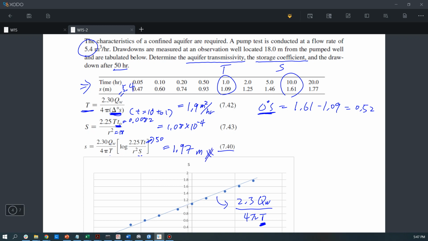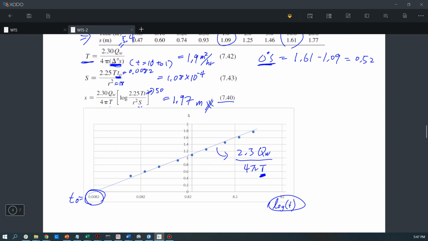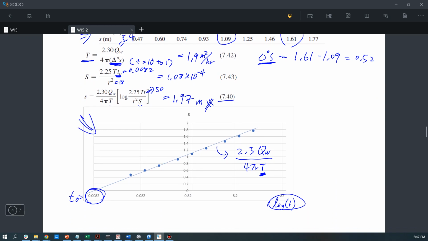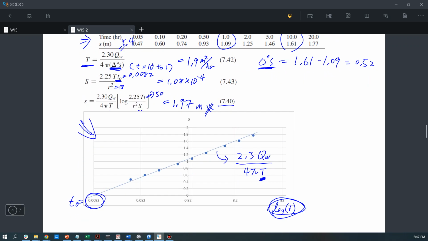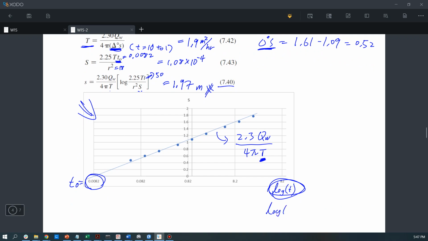Okay, the alternative way is that you can calculate the drawdown by using this figure, but I will leave that to you because you need to calculate the log of 50 hours, so log 50, and you can use that to find the corresponding drawdown at the y-axis using this line that you estimated from your field observation data.